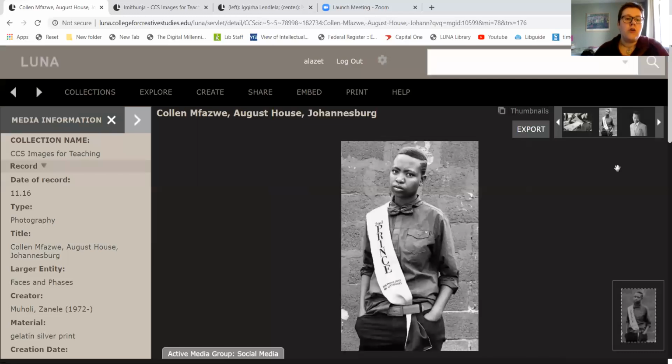Okay, and this is actually rather disturbing. In South Africa, many women do not publicly identify as lesbians because it is actually dangerous for them.